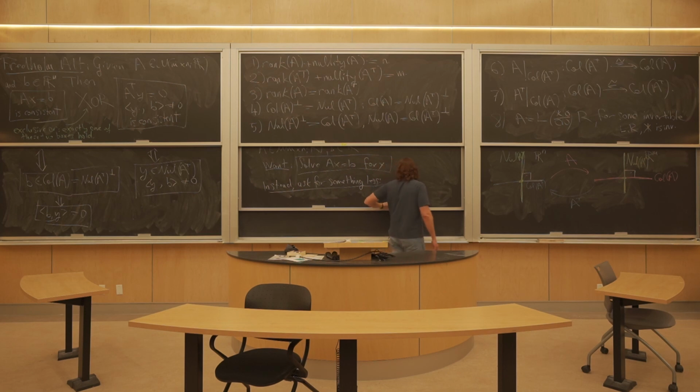Instead of saying I want an x that exactly hits b when I apply A to it, you say, I want to minimize the distance between these two. So find an x.